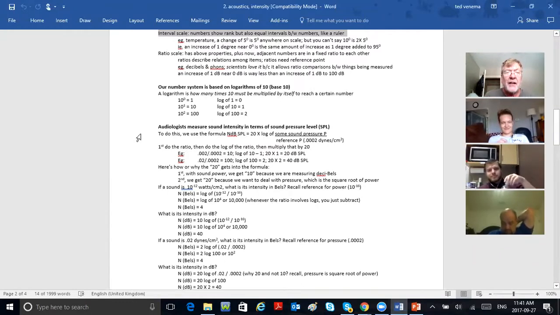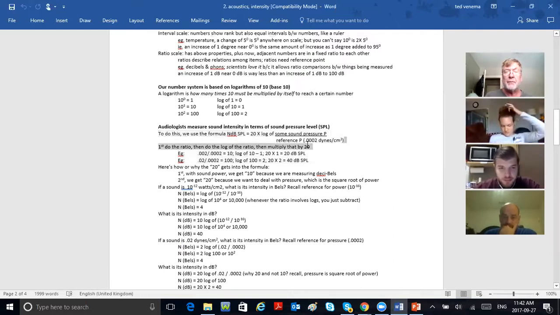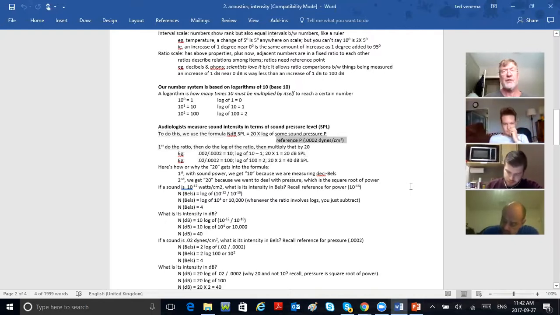Then I said, you have to look at this weird little formula, because if you've got some pressure, the 0, remember, is always this guy right here, always the denominator of the ratio. So the bottom number is always 0.0002.